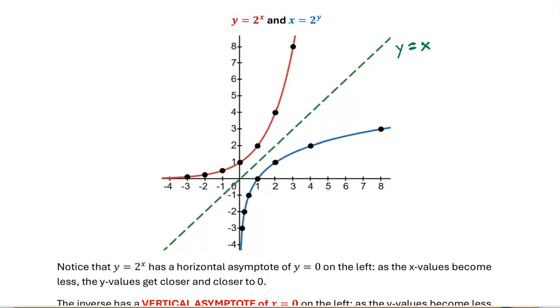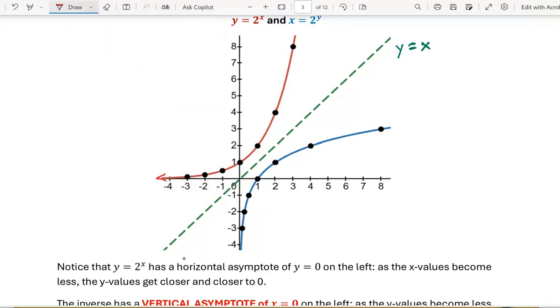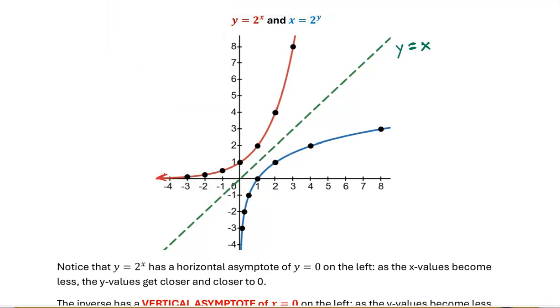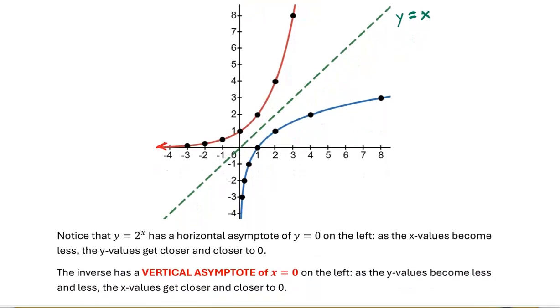The 2 to the x we knew had a horizontal asymptote of y equals 0 on the left. We already knew that, right? We saw that over here. It gets smaller and smaller, approaches the x-axis as a baseline. And then the inverse has a vertical asymptote of x equals 0 on its left side.